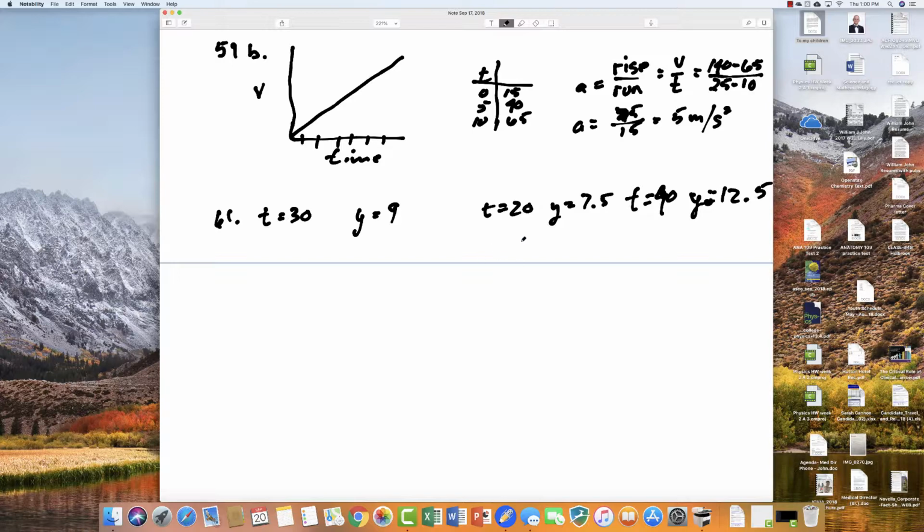So I took a rise over run, and I subtracted 12.5 and 7.5 because that included the point at 30, and I thought it was pretty much a straight line there. If I divide that by the 20 seconds, I actually get 0.25 meters per second.